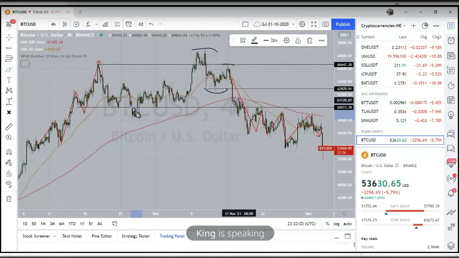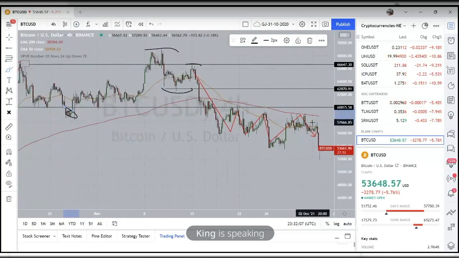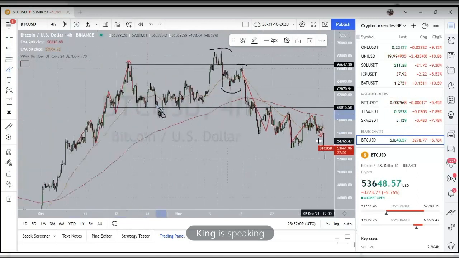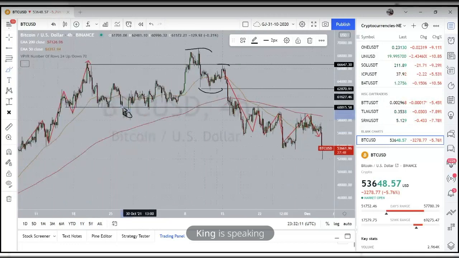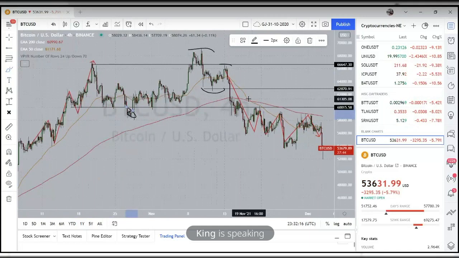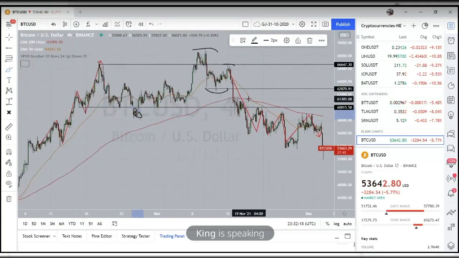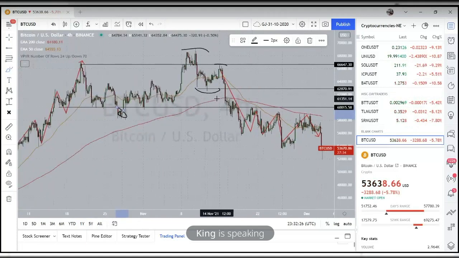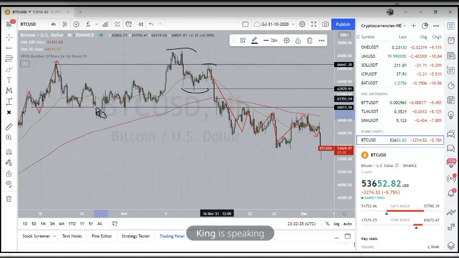I think I bought around 58 for this run up. I think this initial run up sold at the previous all-time high around 65, like 50%, and was just holding all around here.